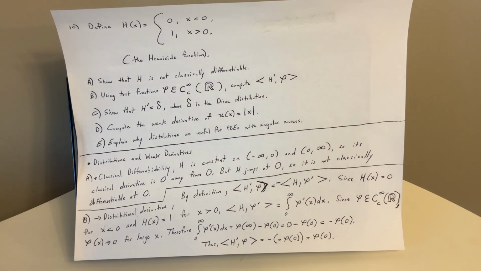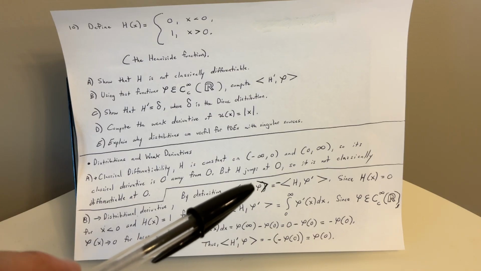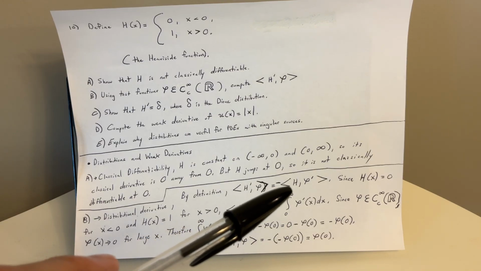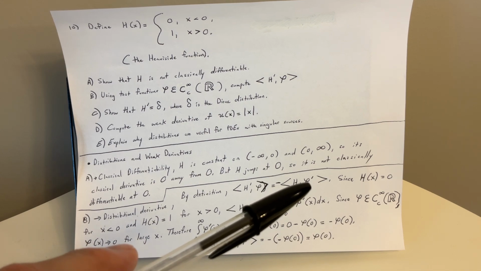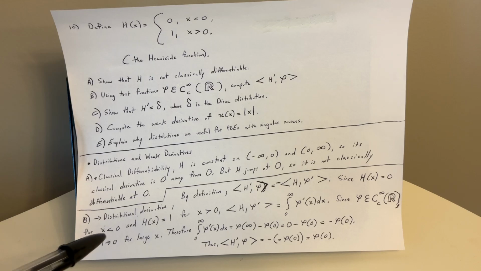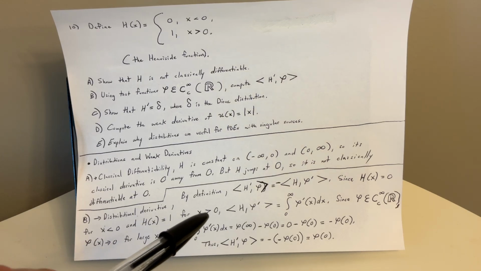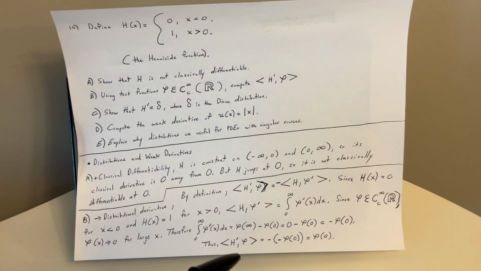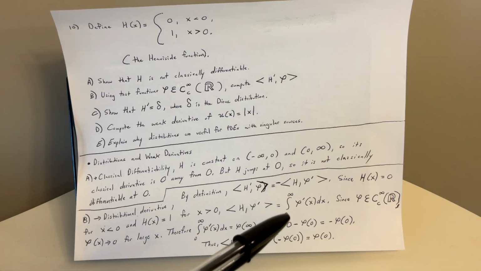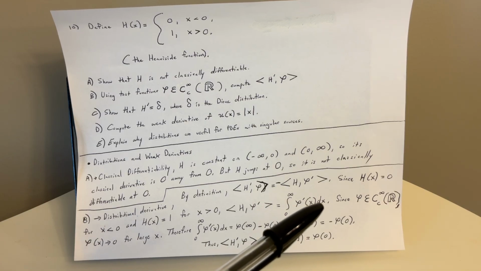Okay, by definition, this relies on definitions. We get the following: the inner product of H prime and phi equals negative the inner product of H and phi prime. Since H of x equals 0 for x less than 0, and H of x equals 1 for x greater than 0, this inner product of H and phi prime equals the integral from 0 to infinity of phi prime of x dx.